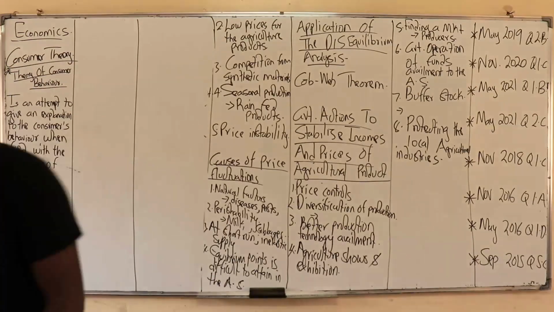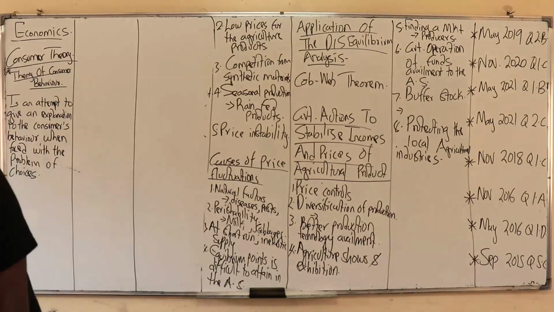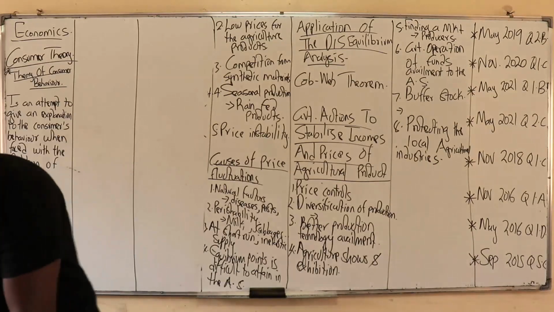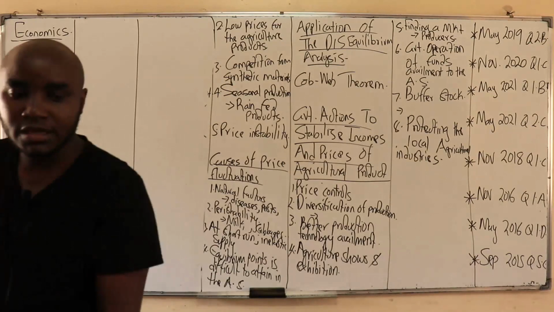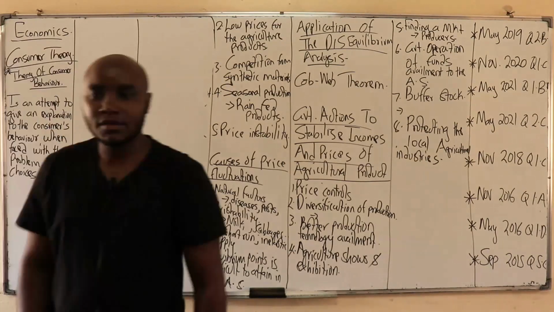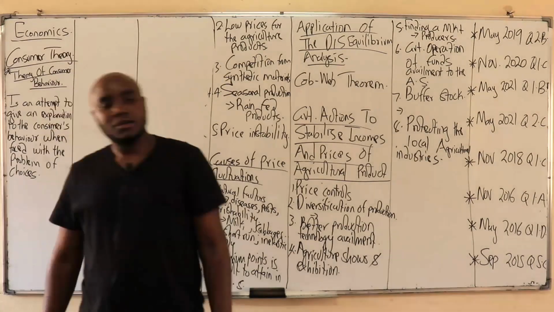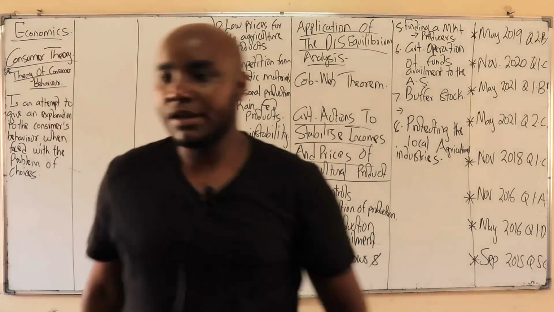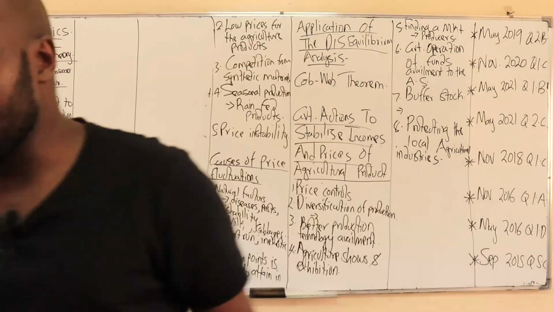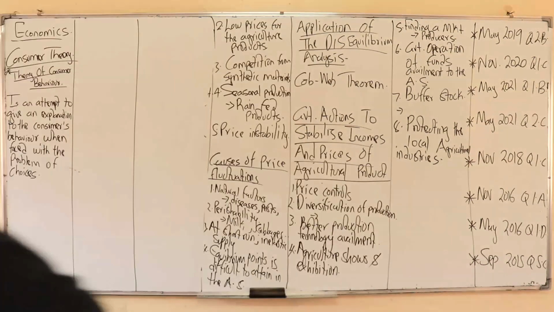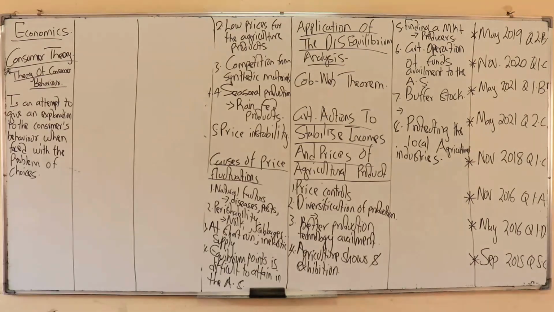And it is an explanation as to why the consumer chooses to spend his income the way he does. Like, you were given money, and you decided to buy those shoes and not to buy something else. So why? This is what we shall be learning here.